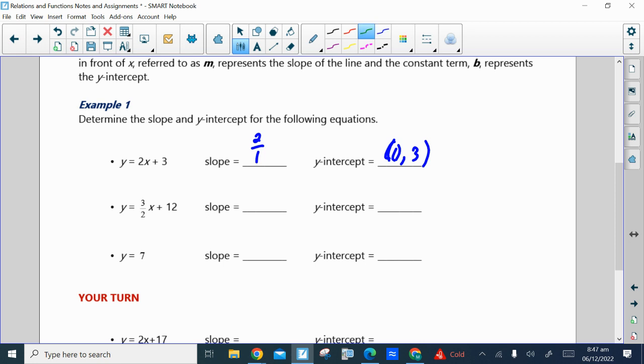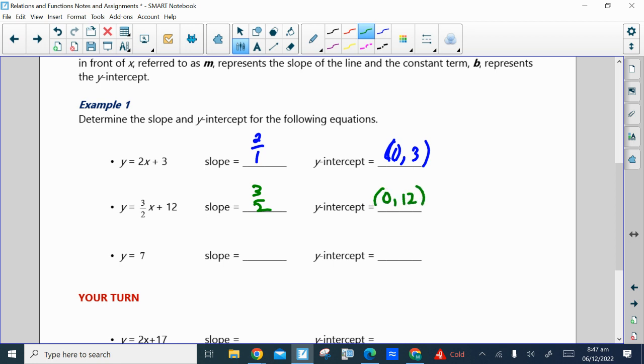So for the next example, that equation is in slope-intercept form because you have y by itself on one side. On the other side, you have two terms. The number in front of x tells you the slope. That's 3 over 2. And the constant tells you the y-intercept, which is 12, or the point 0, comma 12.